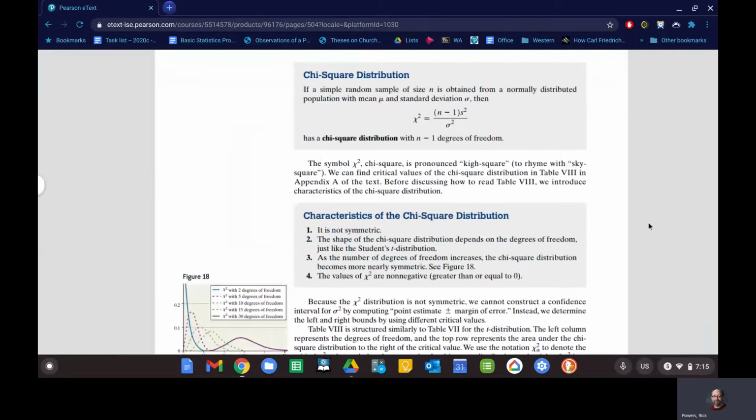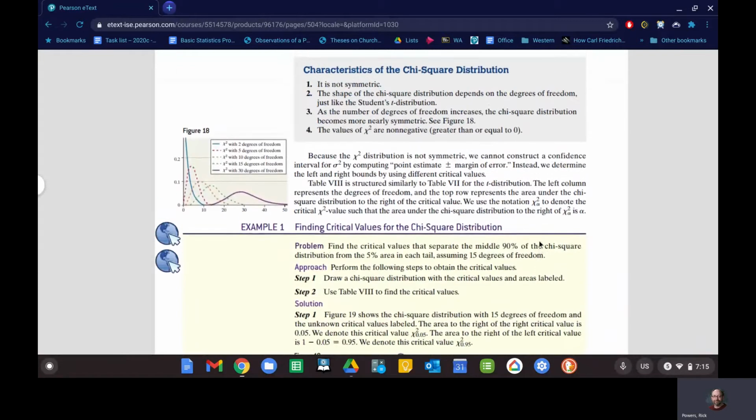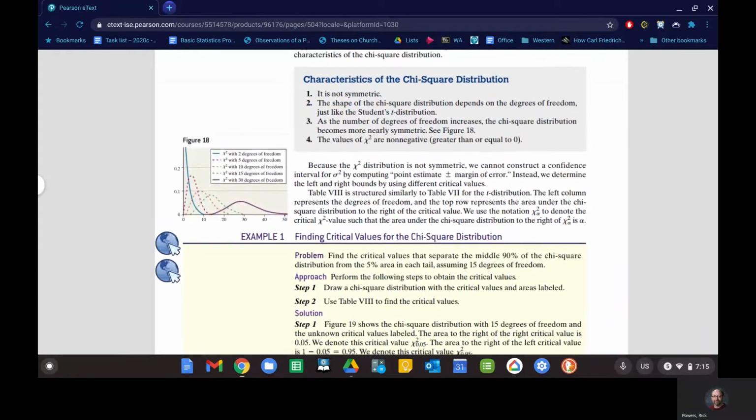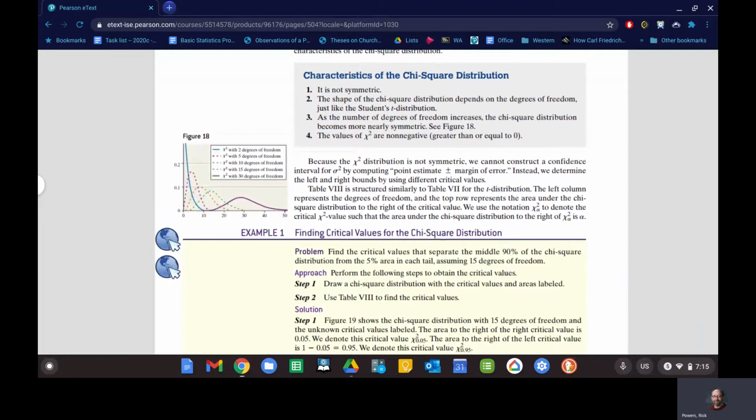It's going to change, as we see down here. There are various shapes for it, depending. But once we have a certain sample size, then the shape of the distribution will remain the same. Just as when we were talking about the t distribution, degrees of freedom causes the curve to be different.